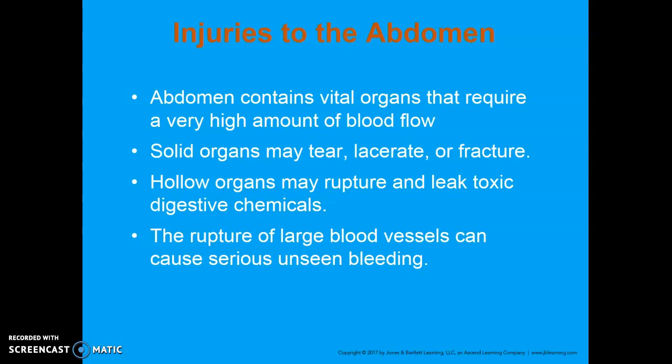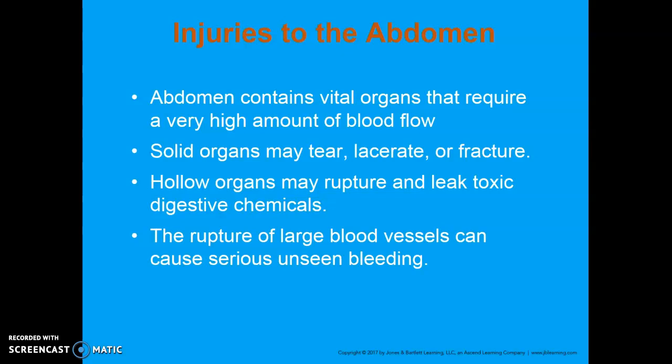When you have injuries in this region of the body, not only is the injury itself serious, but then you can also have a lot of secondary issues that can compromise the patient. So like your hollow organs typically have enzymes, different fluids inside of them.